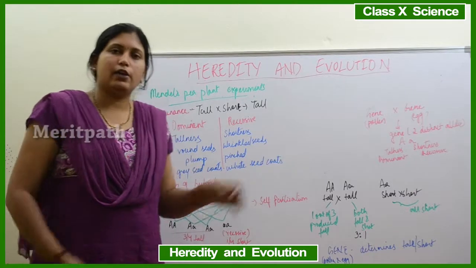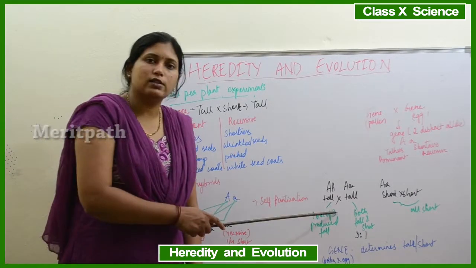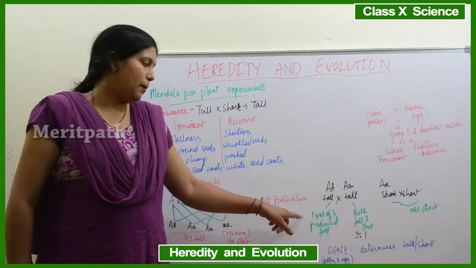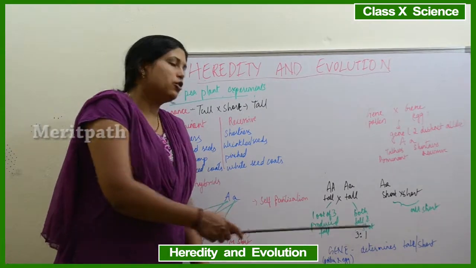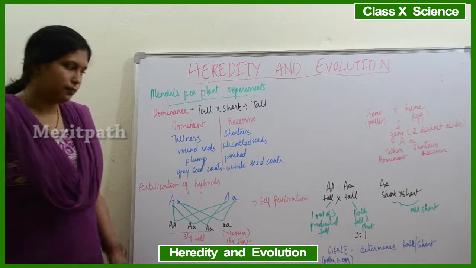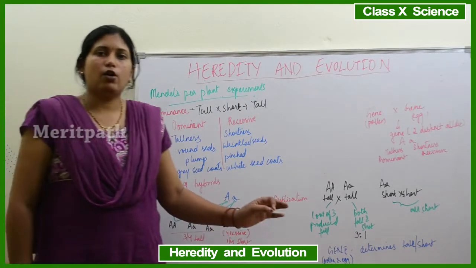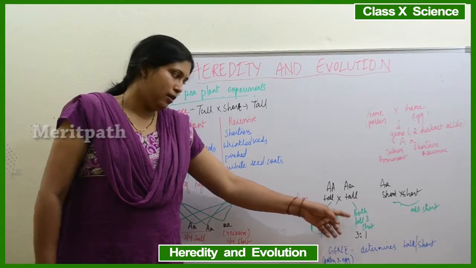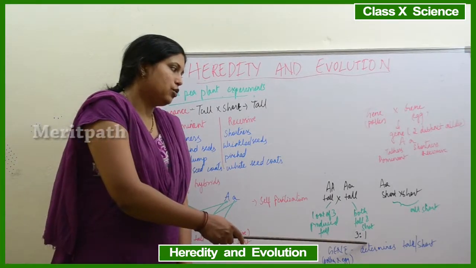When he further continued it, he discovered that when he crossed the tall plants with the tall, 1 out of the total 3 tall plants produced only tall, and the other tall plants produced both tall and short, in the ratio of 3:1.